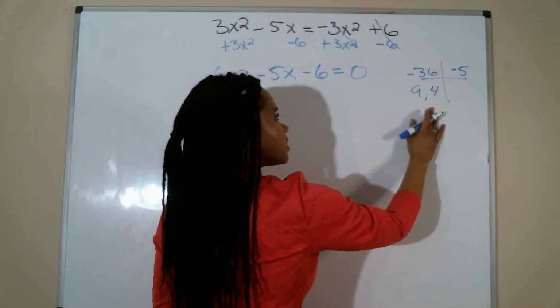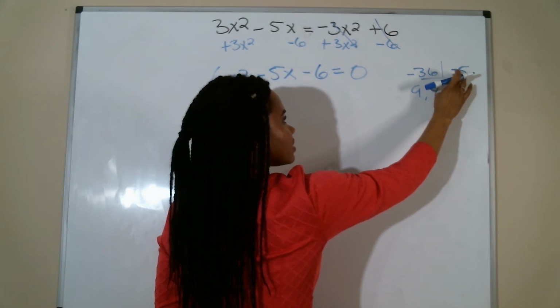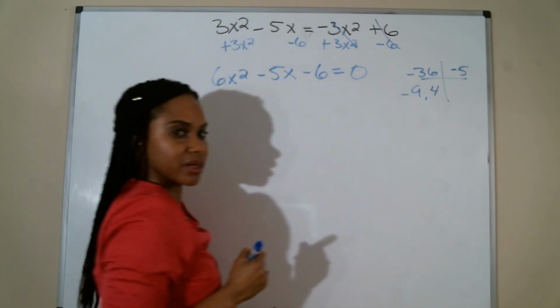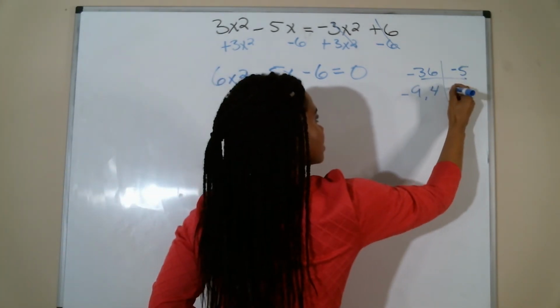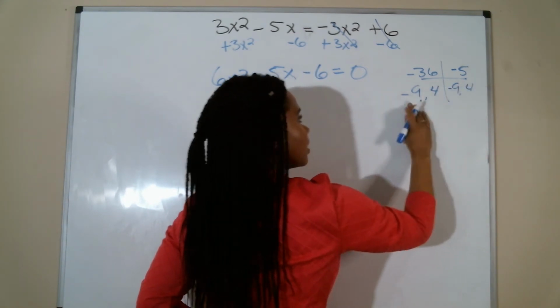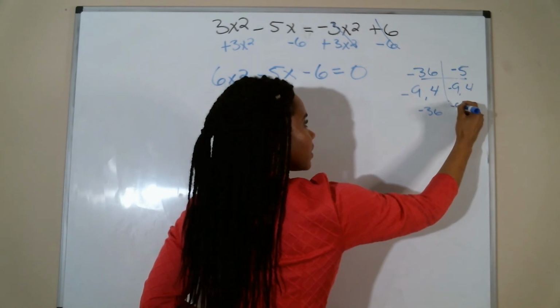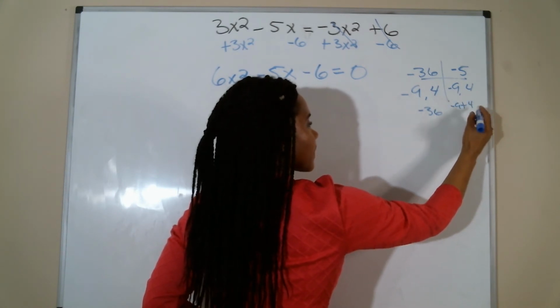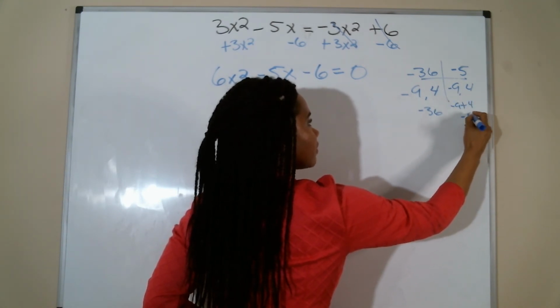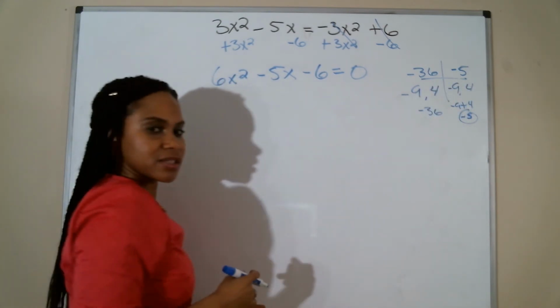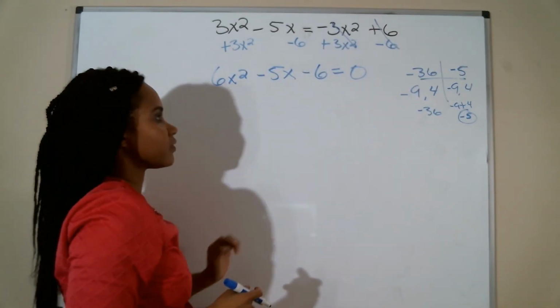One of them has to be negative. Since that 5 is negative, the 9 should be negative, because if I multiply negative 9 times 4, I get negative 36, and when I add them, I do get negative 5. So that 9 has to be negative because I want it to equal negative 5.